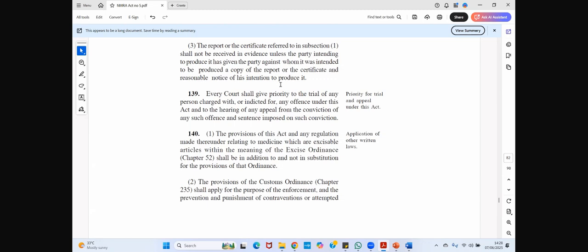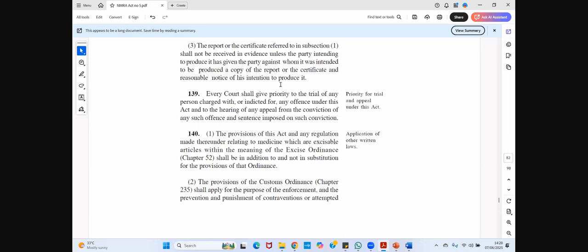So the provisions of this act and any regulation made thereunder relating to medicine which are excisable articles within the meaning of the Excise Ordinance shall be in addition to and not in substitution for the provisions of the ordinance.